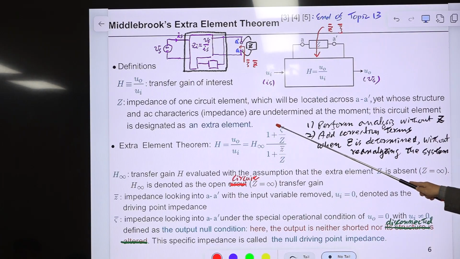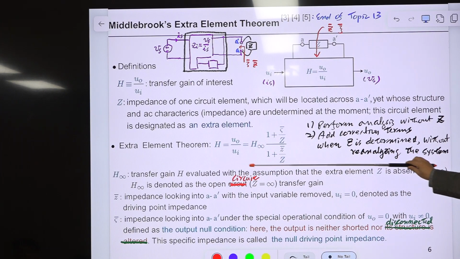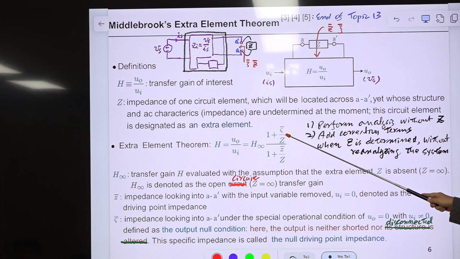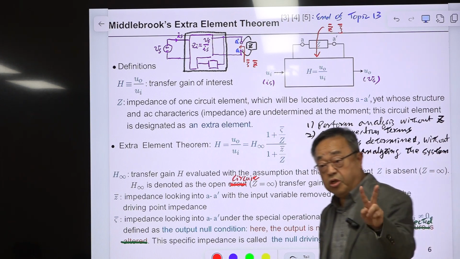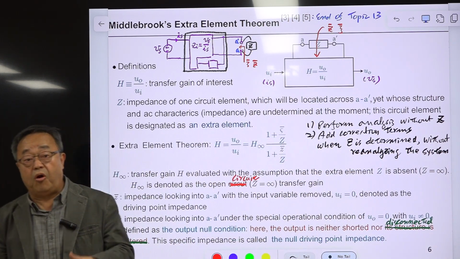Then we need to evaluate this. This structure is called bilinear form. There is one linear function of this G component, and another linear function in the denominator. So there are two linear functions, which is where the name bilinear comes from.